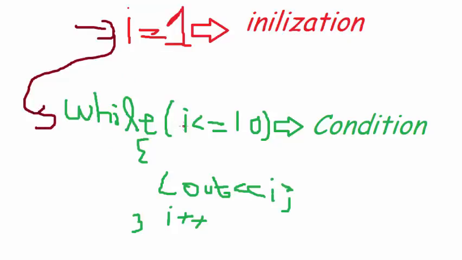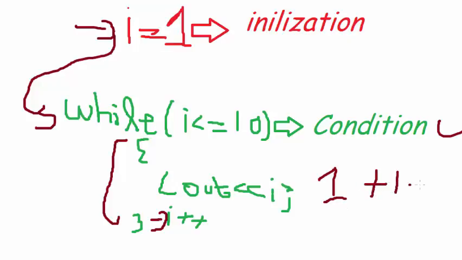It checks that 1 is less than 10. It is true. It goes to the body, and it will print 1. From there it will move to this statement, i plus plus, which means add one to the number. For example, if it is 1, it will add 1, which will become 2. If i is 2, it will add 1, so 2 plus 1 is equal to 3.